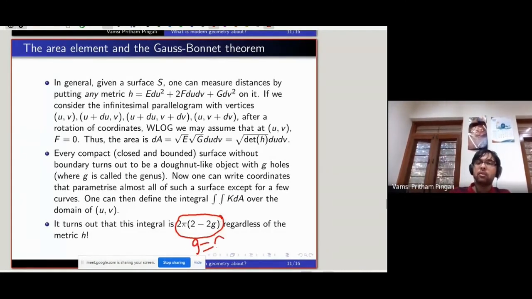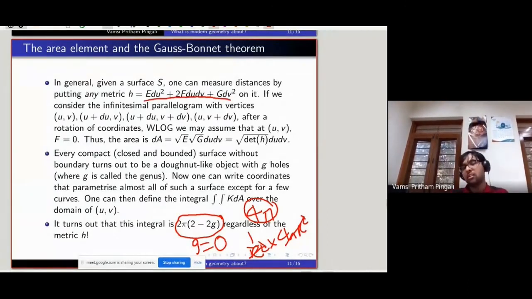For the sphere, when g is 0, it is 4 pi. Remember, 1 over r squared times 4 pi r squared. So this does not depend on how you measure distances on it. That is a very remarkable fact. It's called the Gauss-Bonnet theorem. So this integral is always equal to this, regardless of how you measure distances.